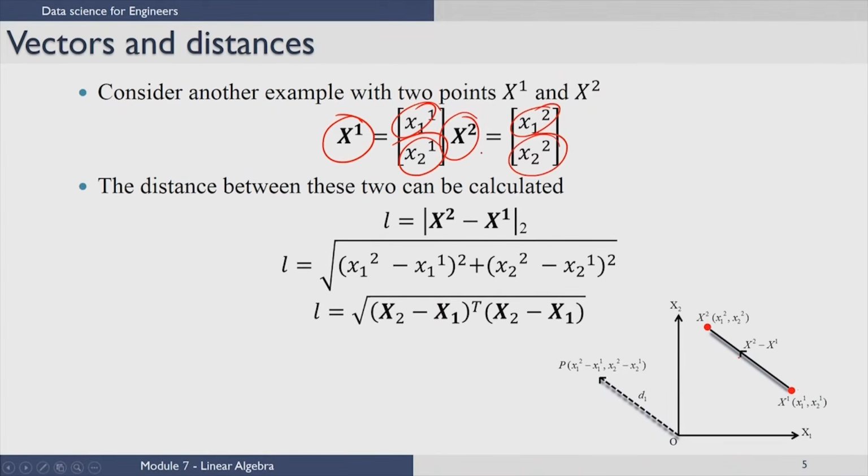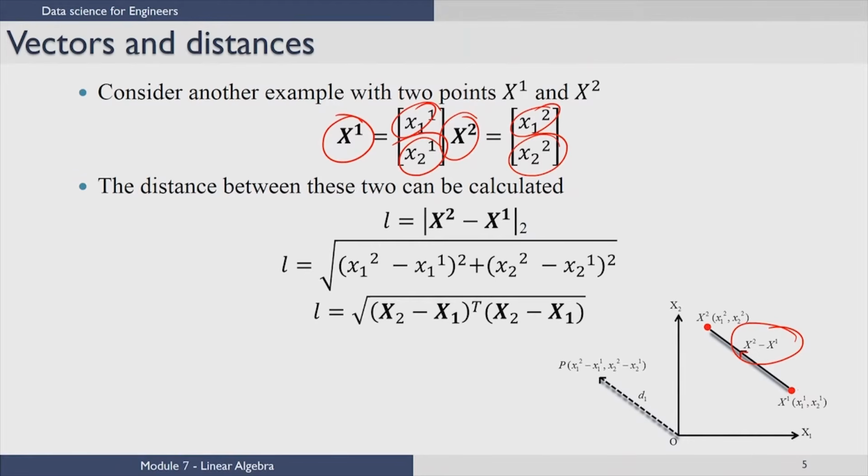Now, we ask the question as to whether we can define a vector which goes from x1 to x2. So, pictorially this is the way in which we are going to define this vector. What we do is we draw a line starting from x1 to x2, and this vector is x2 minus x1. The direction of the vector is given by this here.